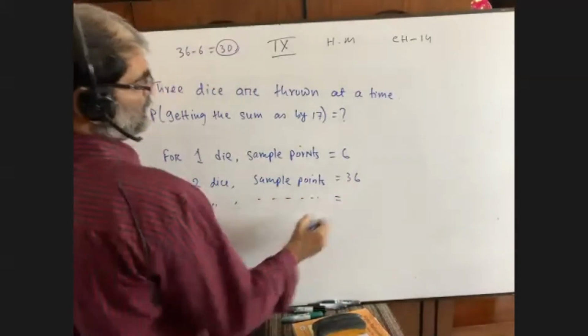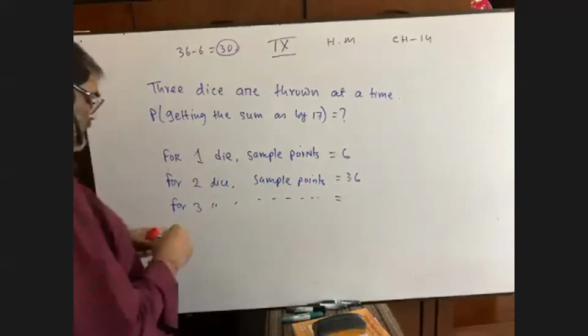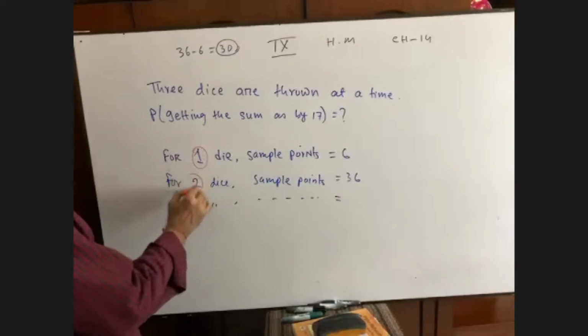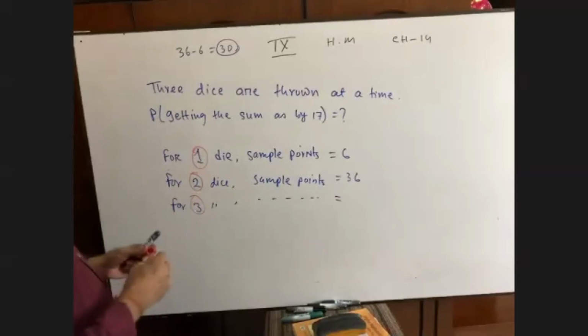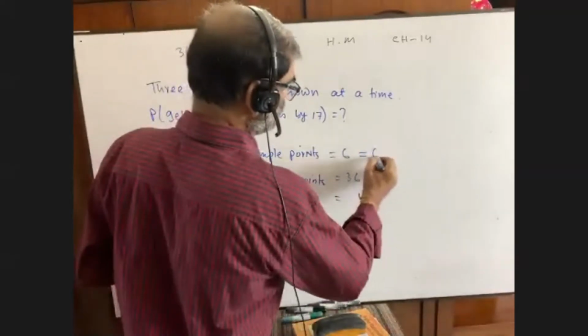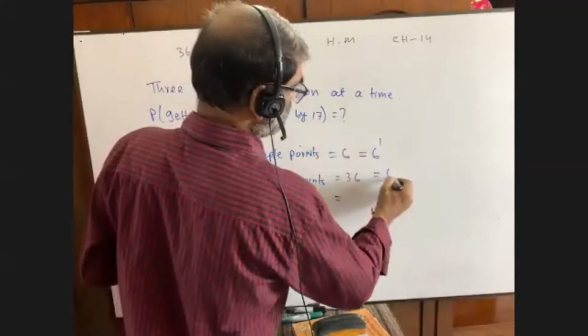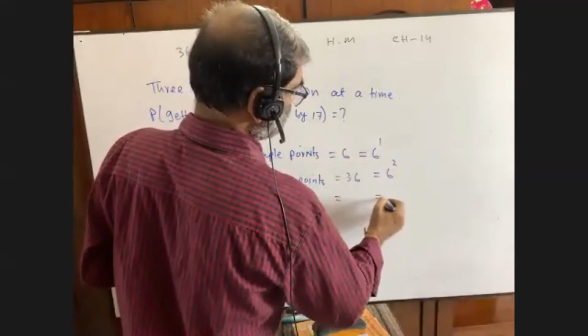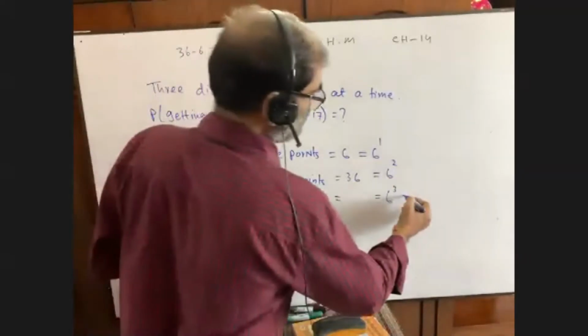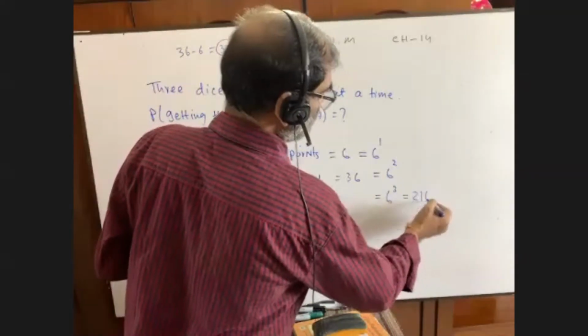Sample points are, you see, it is 1. Please pay attention. It is 1, it is 2, it is 3. So we will get 6 to the power 1, 6 to the power 2, and 6 to the power 3. So what is 6 to the power 3? Equals 216.